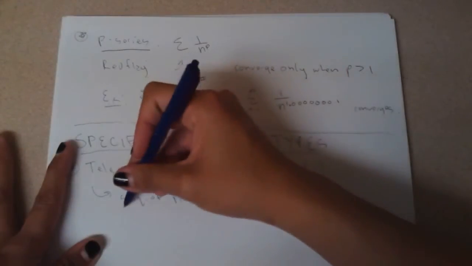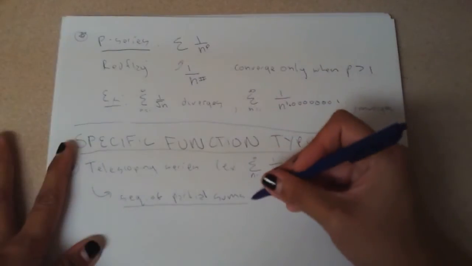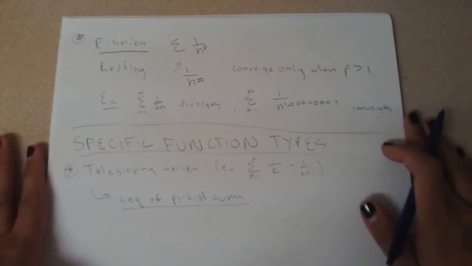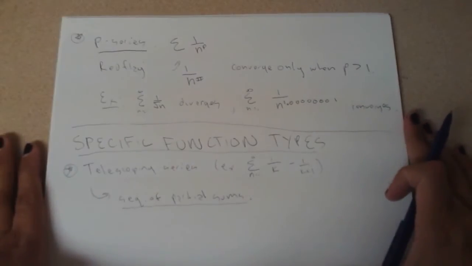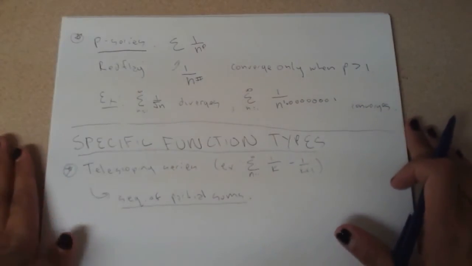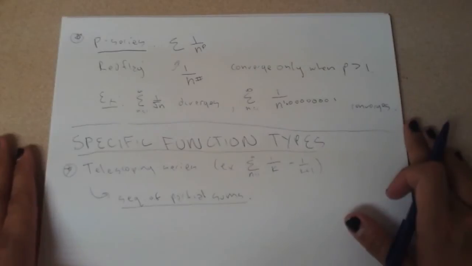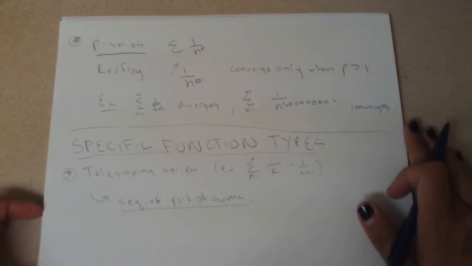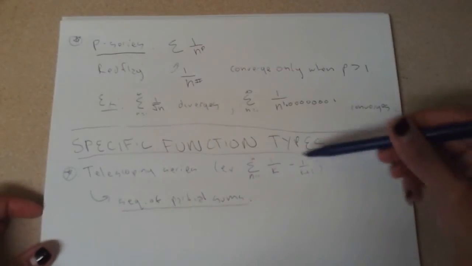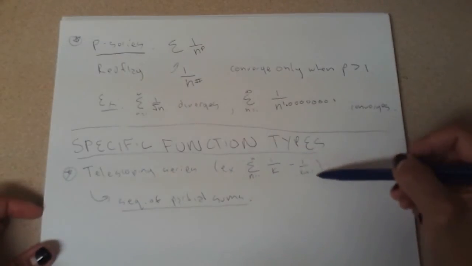Now, I know I've told you guys we really probably want to avoid sequences of partial sums as much as we possibly can, just because it's long and tedious and takes a while to write out. But if you're actually asked to evaluate this, this is one of the very few cases where we could actually evaluate the series. How you would do this is write out terms in your sum.